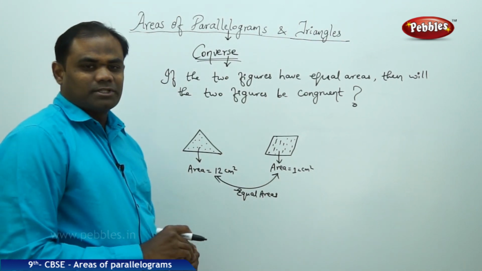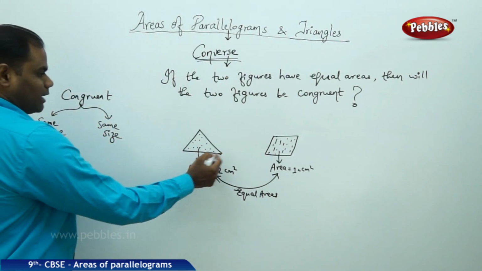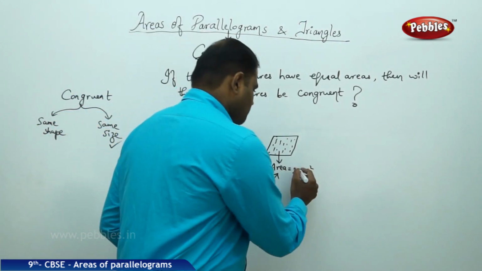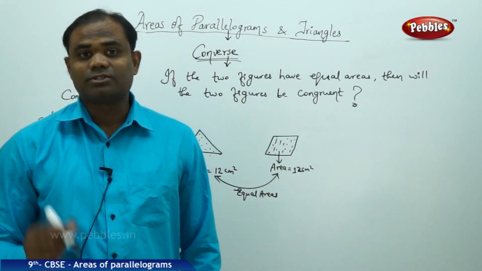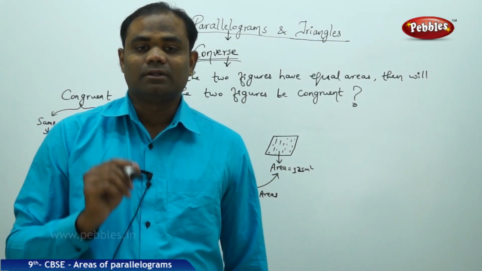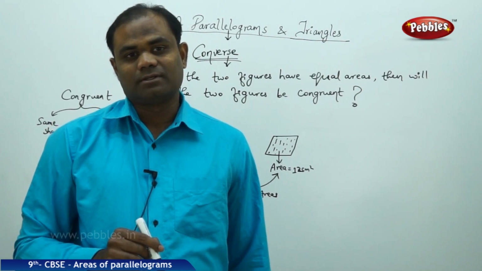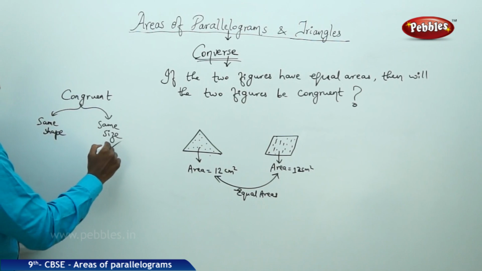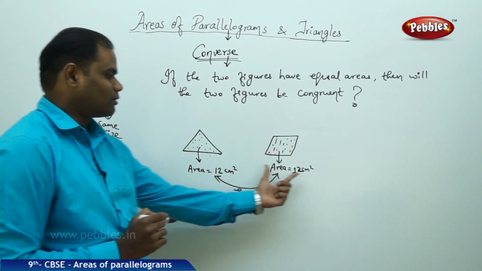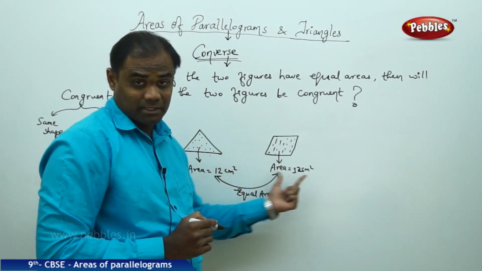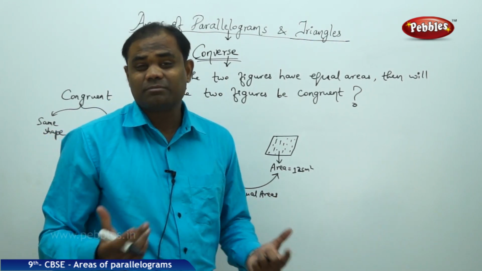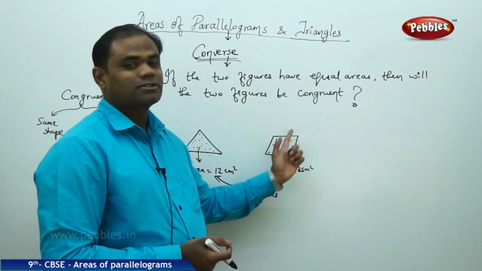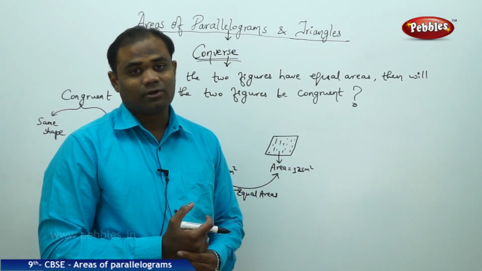Now here comes the question: the triangle and parallelogram have the same size because their areas are the same, but are they of the same shape is also very important in ruling out the congruency. In justifying the two figures to be congruent, we have to justify the same size. Yes, of course, they are of the same size, each being 12 centimeters square, but are they of the same shape? No, this is a three-sided figure and this is a four-sided closed figure. So they're not of the same shape.